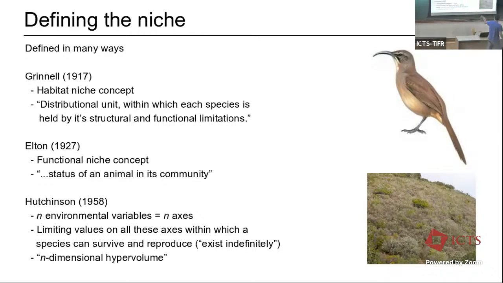So it's basically what are the environmental conditions, including other species, within which a species can exist indefinitely. We should have a viable population, basically. Right?